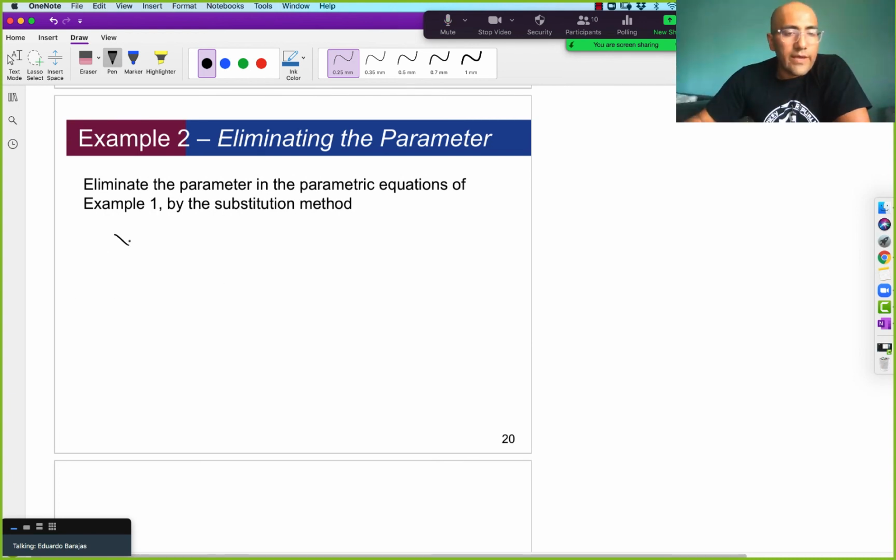We had x equals t squared minus 3t, and then we had y equals t minus 1. Well, pretty easy. What we could do is just take y equals t minus 1, make y plus 1 equals t by adding 1 to both sides.